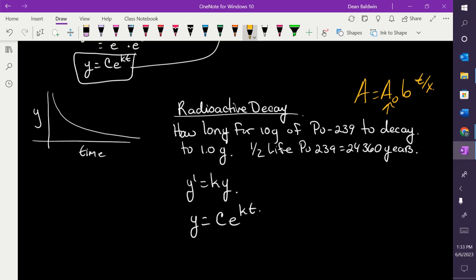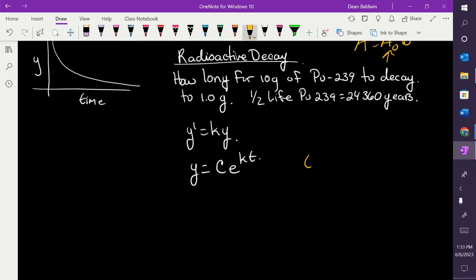It's the initial amount, because at time t equals 0, how much do we have? y is equal to 10 grams. That's correct. So if you put it in there, you get 10 is equal to c e to the k times 0, which is 0, and then e to the 0 is 1, so you get c is equal to 10.